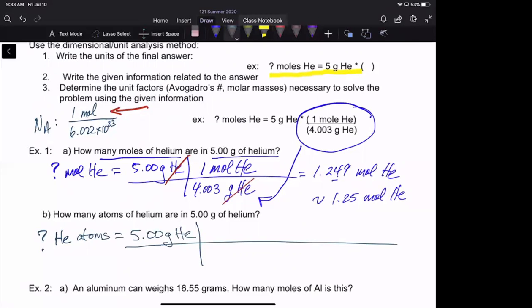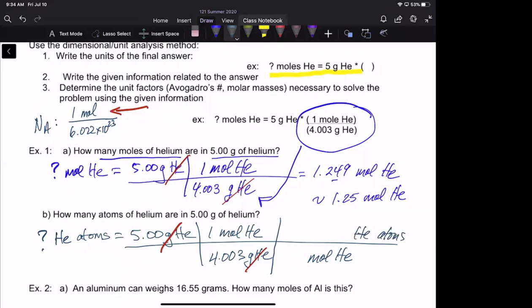Calculate your moles. So I'm going to use that same factor. 1 mole of helium has 4.003 grams. Grams are out of there. Now I need to cancel out moles of helium in the bottom and get to helium atoms.